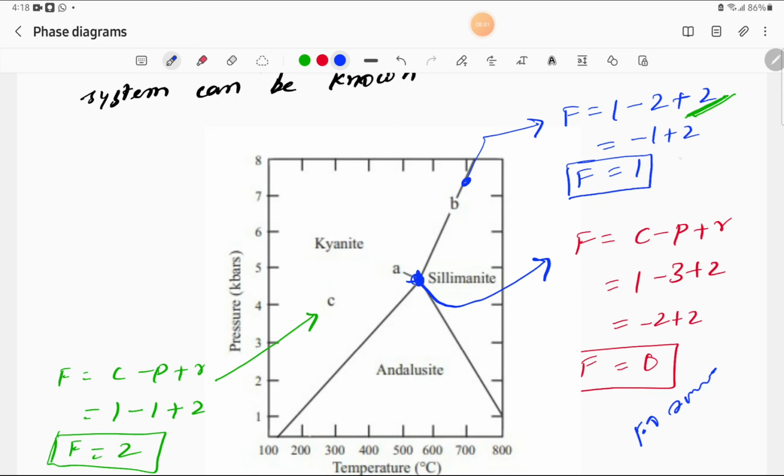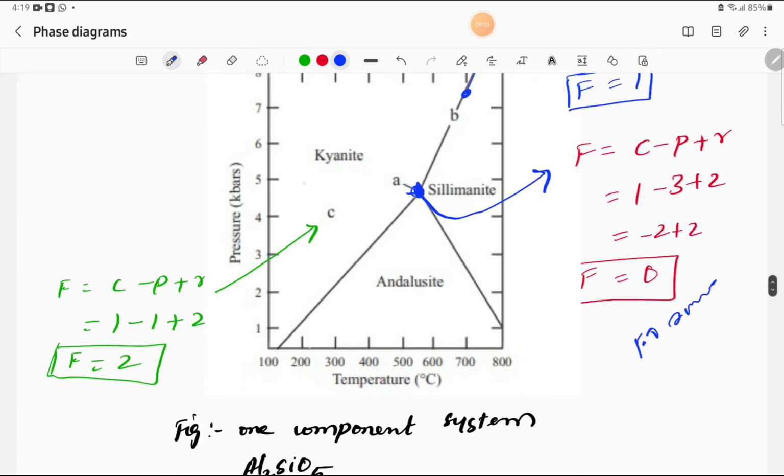Univariant in the sense it can move along this line and only this line. It cannot go to this side or that side, it can move along this line only, either this way or this way.